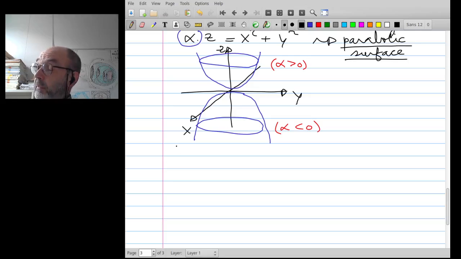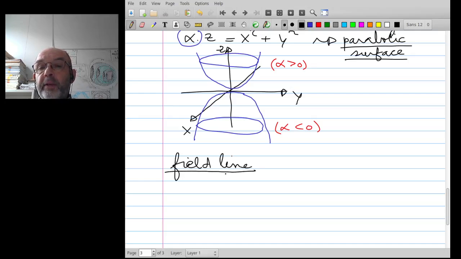And then people can ask for what is called a field line. How to calculate that?